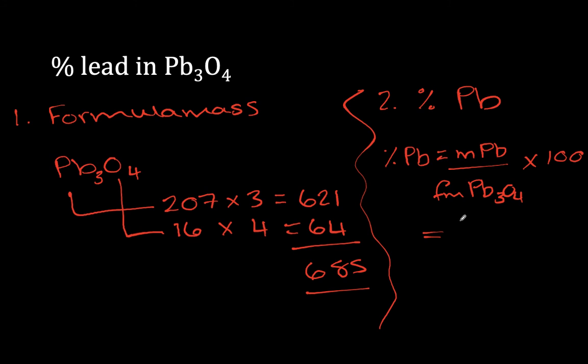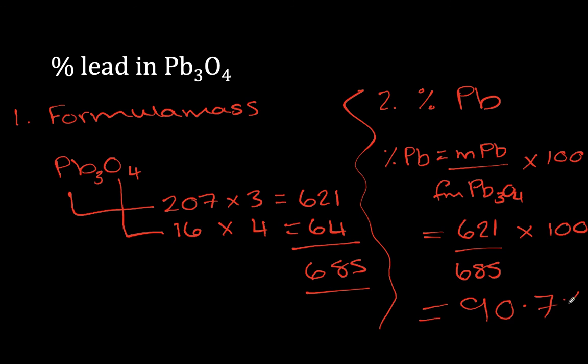So we are going to divide 621 by 685 and multiply the answer by 100. That gives us a total of 90.7%. So the percentage of lead in lead oxide is 90.7%.